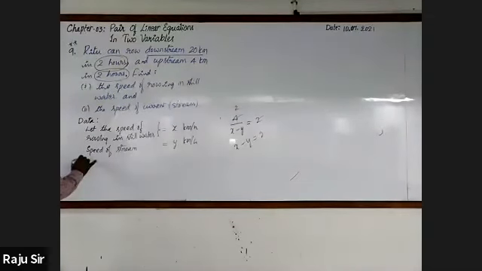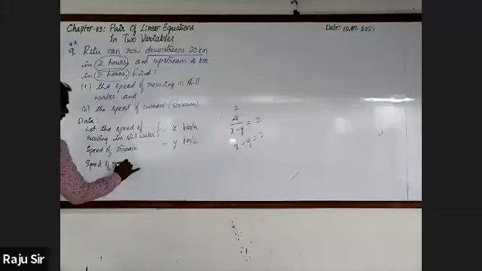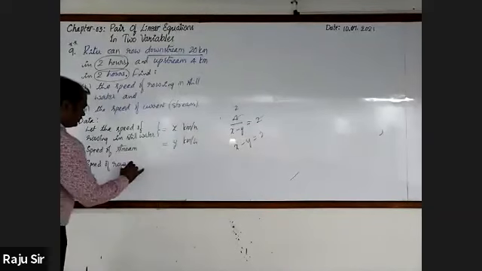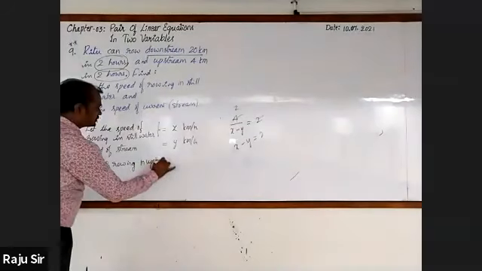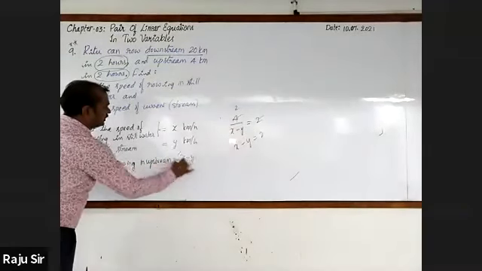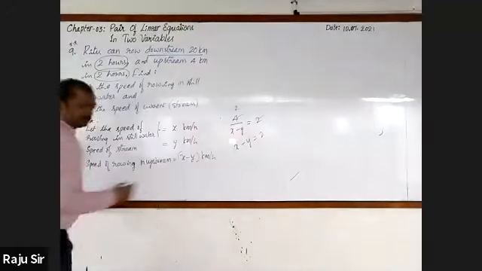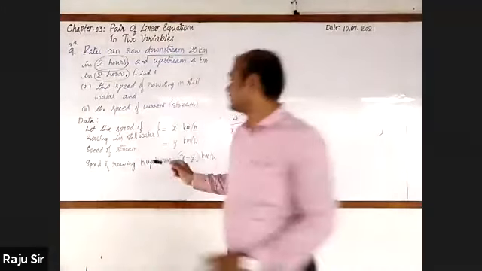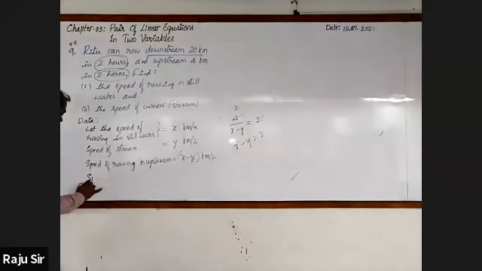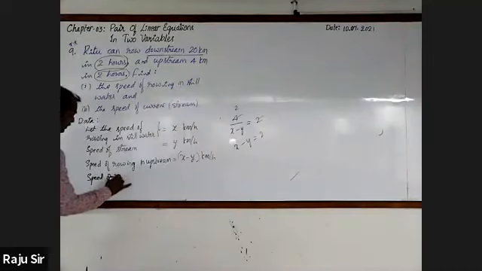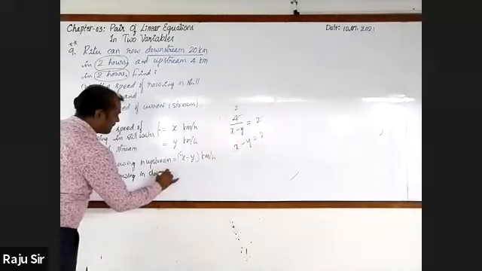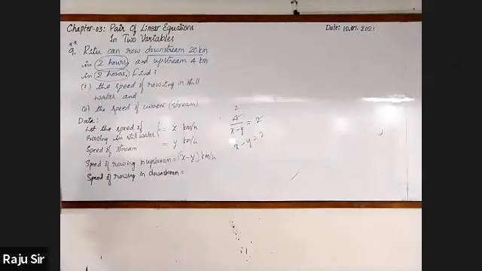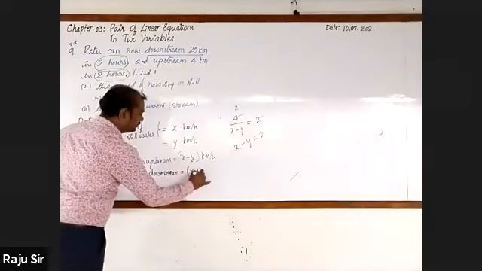Next, the speed of rowing in upstream is x minus y kilometers per hour. These are compulsory; you must write this. And the speed of rowing in downstream is x plus y kilometers per hour.